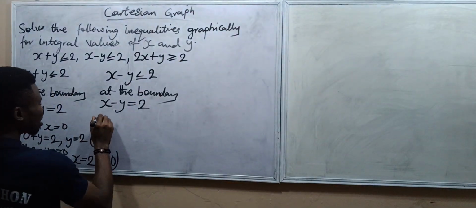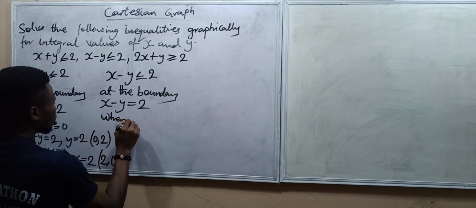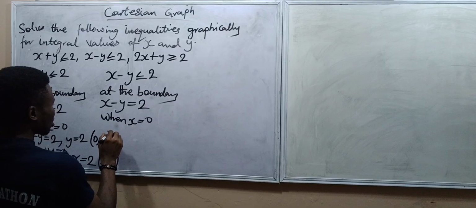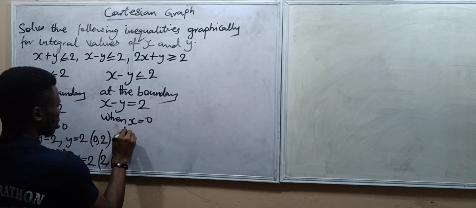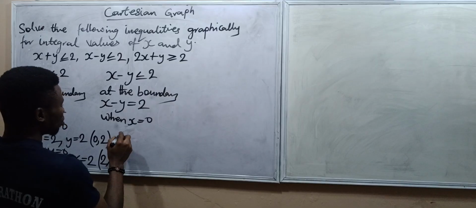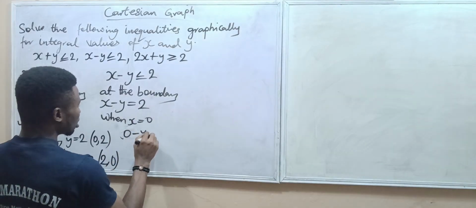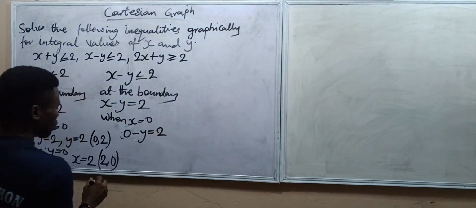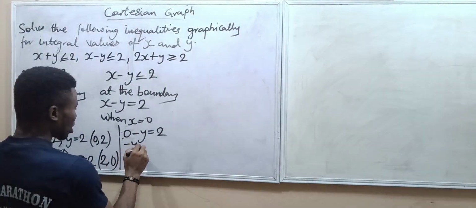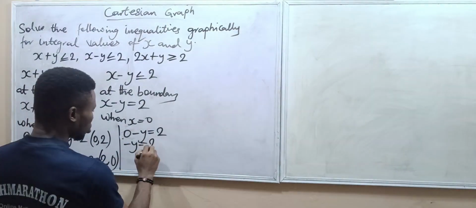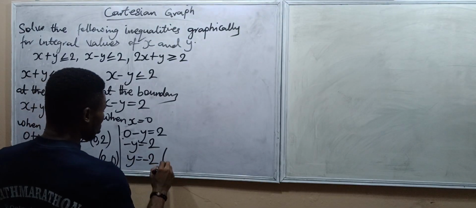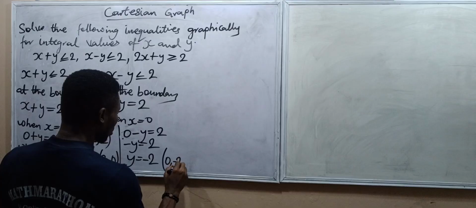Now, when x is equal to 0, we have 0 minus y is equal to 2. This implies that minus y is equal to 2, and this implies that y is equal to minus 2. So we have 0 and minus 2.